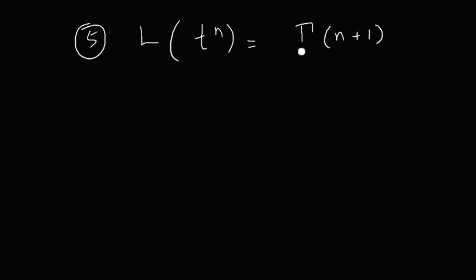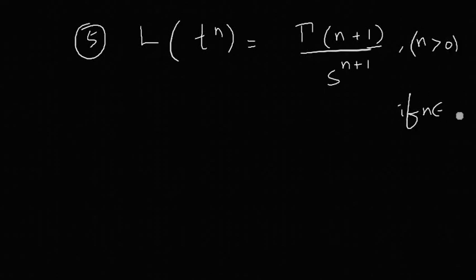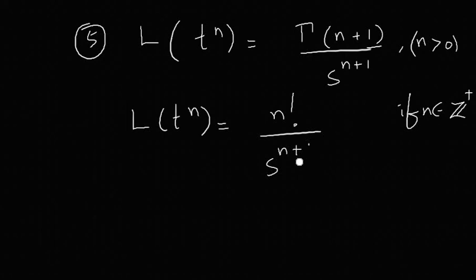And the Laplace transform of t to the power of n is gamma of n plus 1 divided by s to the power of n plus 1. As you are all aware, the gamma function for n plus 1 is n factorial. So the special case, for every n greater than 0, is that if n is taken as a positive integer, then L of t to the power of n simplifies to n factorial by s to the power of n plus 1.